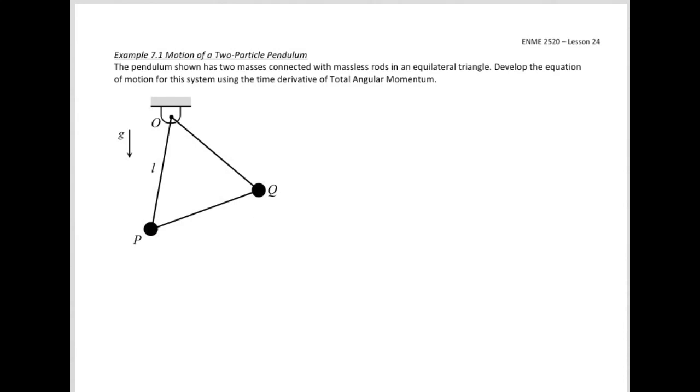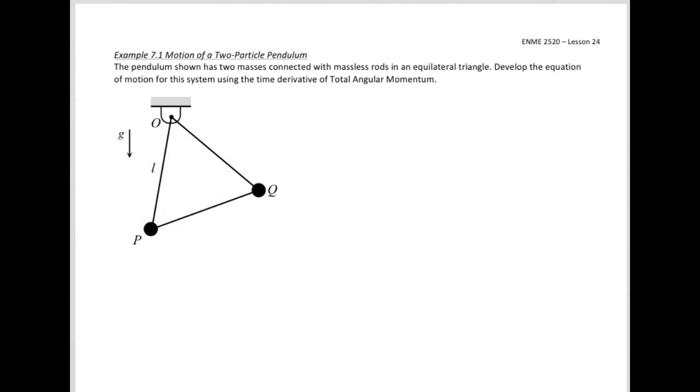The advantages are that we only have to calculate our kinematics down to our velocity. We don't have to calculate all the way to our acceleration. And also, if we're not concerned about the internal reaction forces, so the forces between P and Q, between O and Q, and between O and P, then we don't have to solve for those and put the entire problem together.